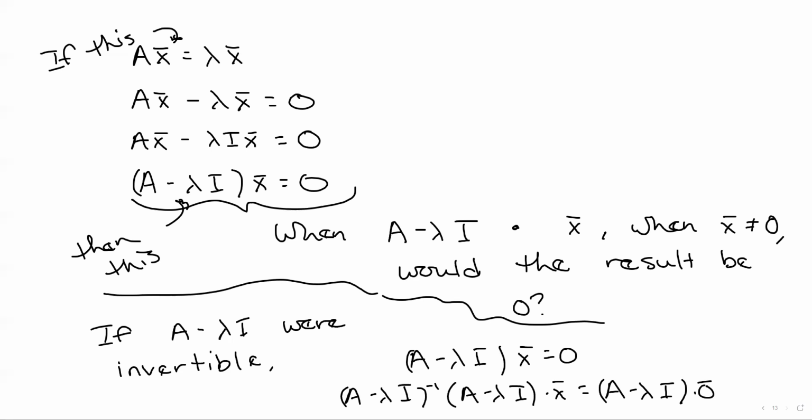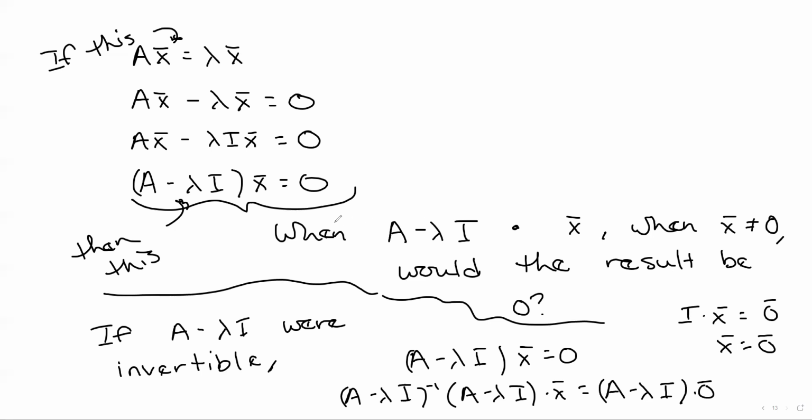If we did that, A minus lambda I inverse times A minus lambda I would give us I times X. And then anything times 0 is 0. And so we would get X equals 0. If A minus lambda I is invertible, then we get X equals 0.